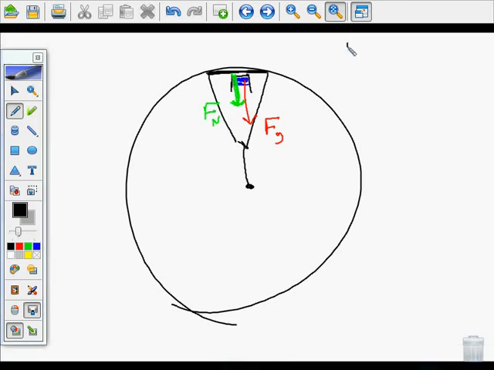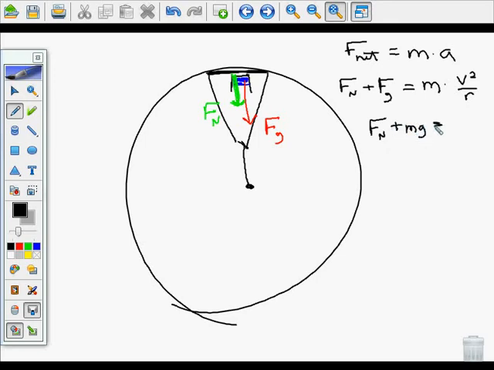Newton's second law says the net force is equal to the mass times the acceleration. So both the normal force down and the weight of the object down equal the mass times acceleration. Acceleration is equal to v squared over r.